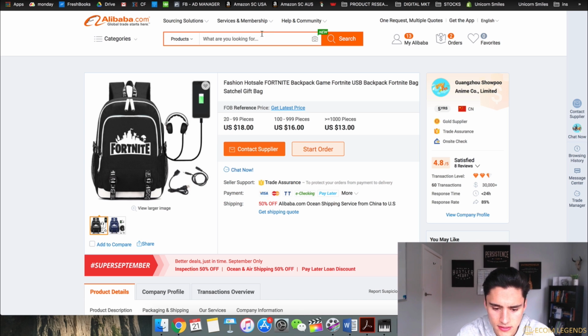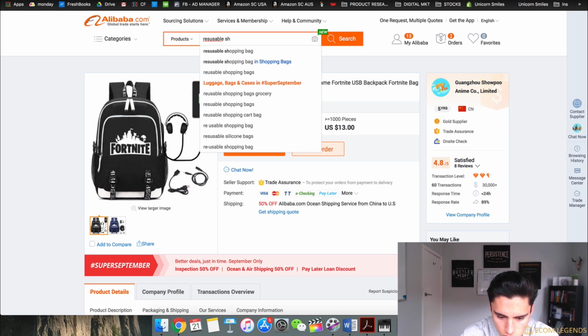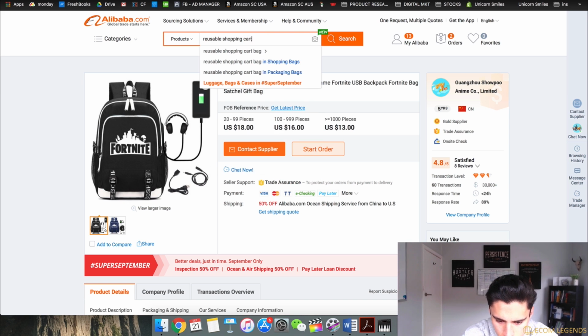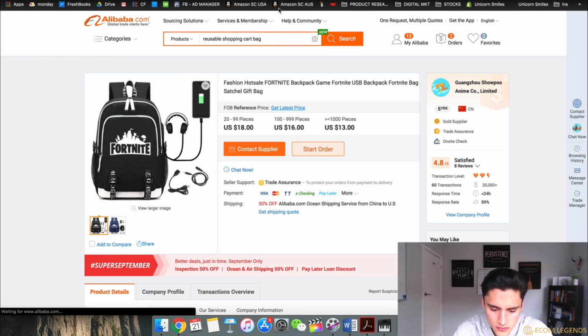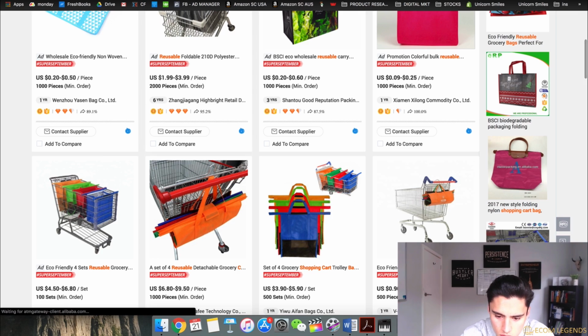The next one is the reusable shopping cart. All right. So that looks very similar to the one that we're after.